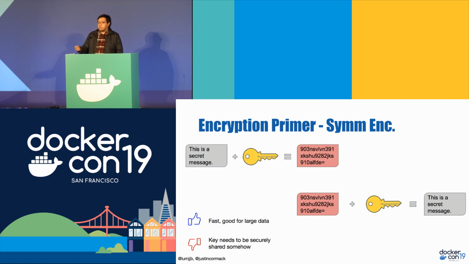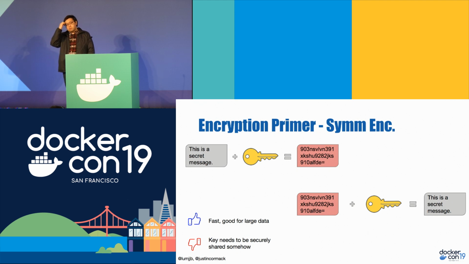This is really simple, and the good thing about symmetric encryption is that it's really fast, so it's really good for big amounts of data, like images. The unfortunate disadvantage here is that the key used for encryption and decryption has to be the same key.